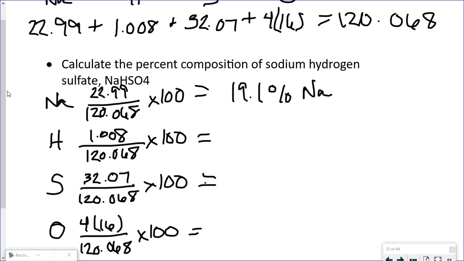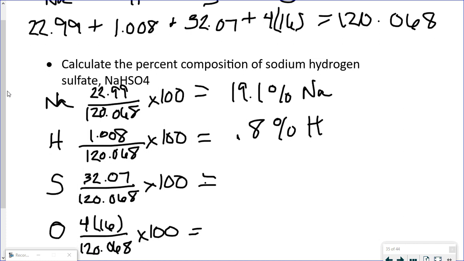We can do the same thing for hydrogen, the 1.008 divided by 120.068 times 100 to make it a percentage. So this is only going to be 0.8% hydrogen, which is possible because hydrogen has such a small mass.